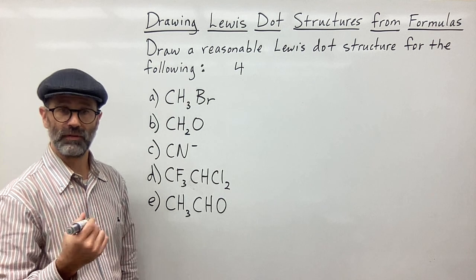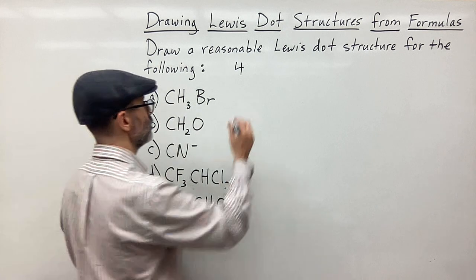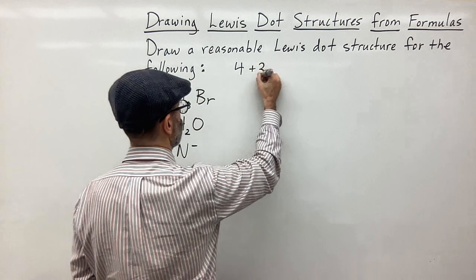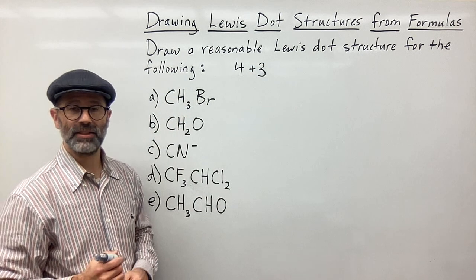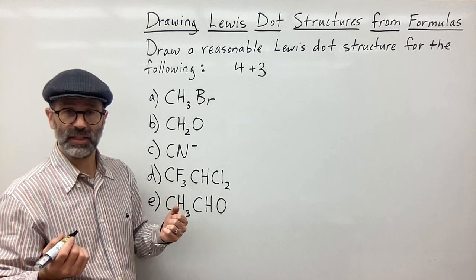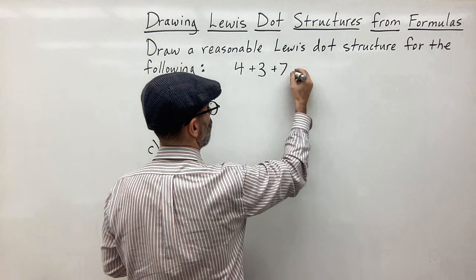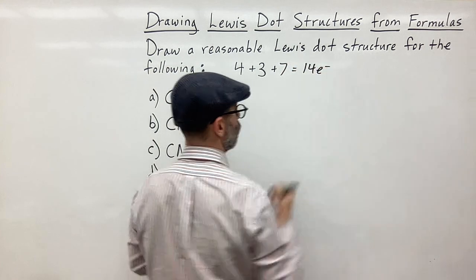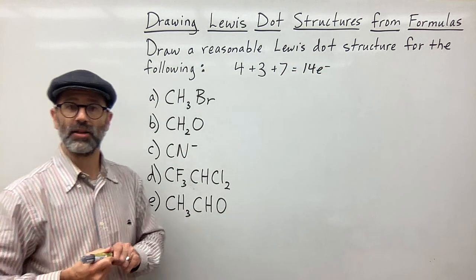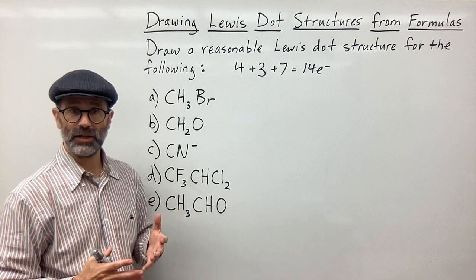I have 3, so 3 times 1 is 3, so I'm going to add 3 to my total. And bromine is in group 7, therefore it has 7 valence electrons. I only have 1 bromine, so I'm going to add 7, and I add that together, and I get 14 total valence electrons. These are the electrons I'm going to use to put together my Lewis dot structure.